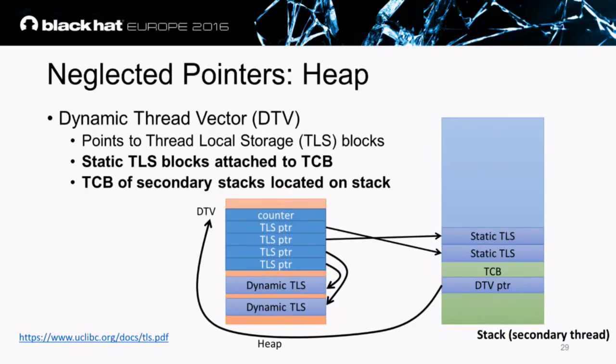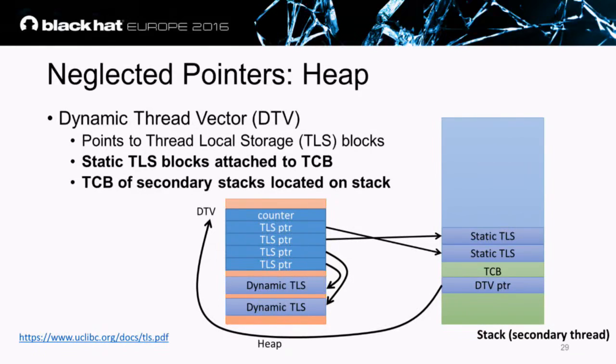This module has its own thread-specific values, which it stores in its own thread local storage block. Libraries and modules that are loaded with the program at load time create static TLS blocks, and libraries that are loaded later during runtime create dynamic TLS blocks.